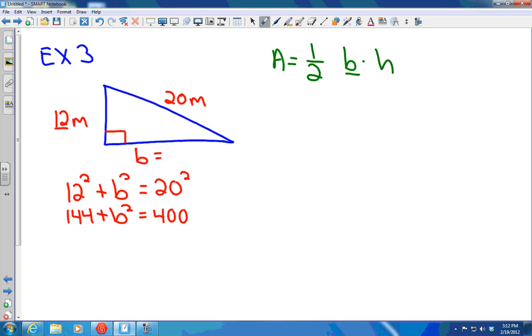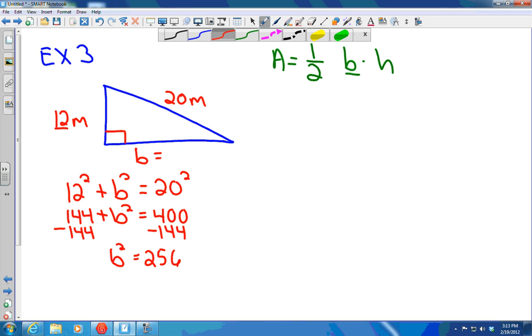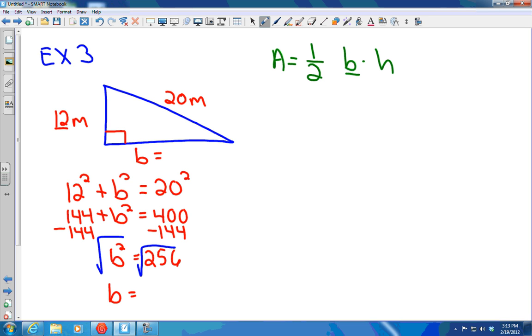Now if I subtract 144 from both sides, then b squared equals 400 minus 144, or 256. And then if I take the square root of both sides, I'm going to get b equals plus or minus 16, but I'm just going to use the positive 16 because this is the length of a side of a triangle, so it can't be negative.